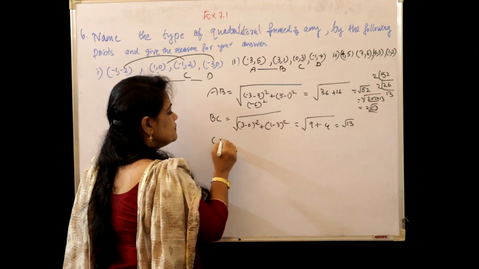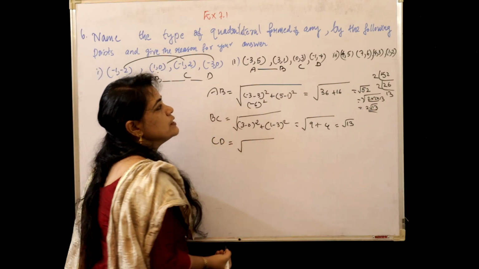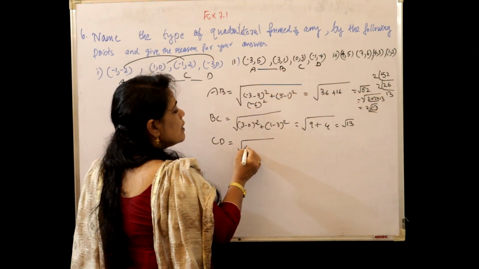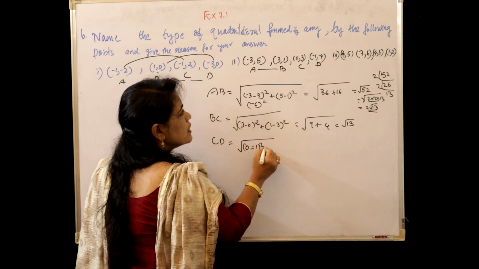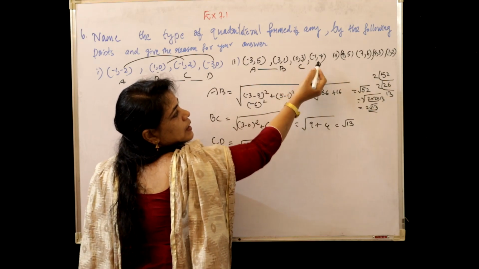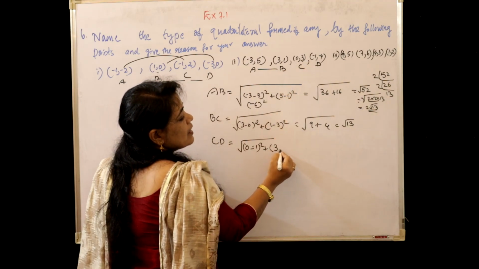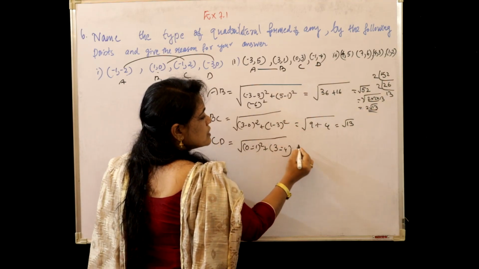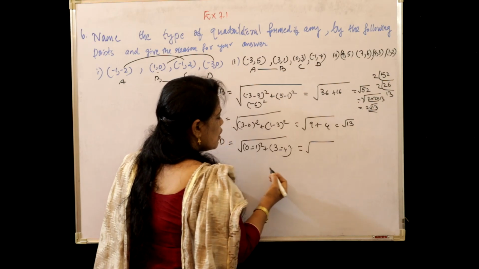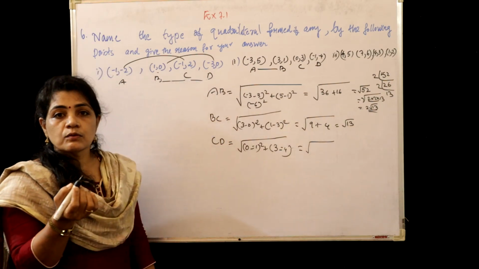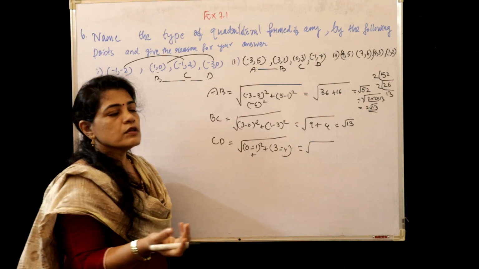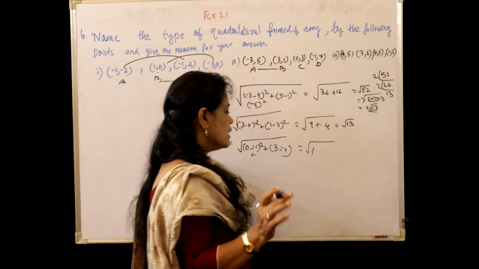So CD, C as x1, y1 and D as x2, y2. 0 minus minus 1 whole square plus y1 minus y2, 3 minus, y2 is minus 4. So this is equal to root of 0 minus minus, that is plus 1, whole square is 1, 1 square is 1 itself.